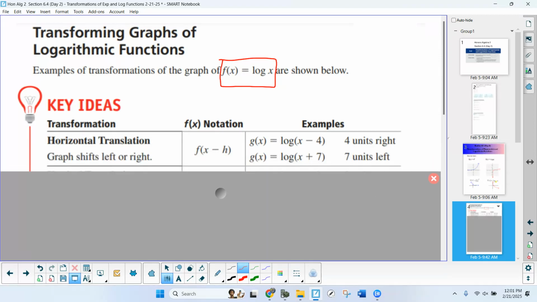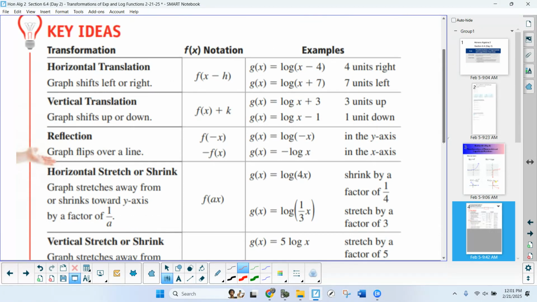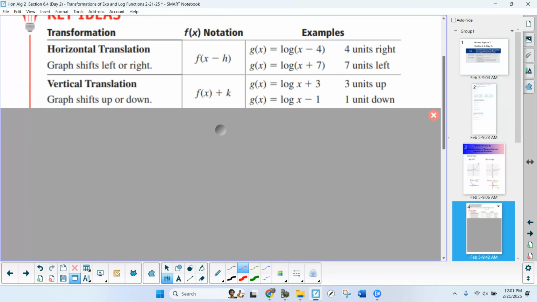If it's plus, it goes left. Whereas if it's not in parentheses, that shows up and down. So parentheses are extremely important. If it's in parentheses, left or right. Not parentheses, up or down. Up 3, down 1. Okay?